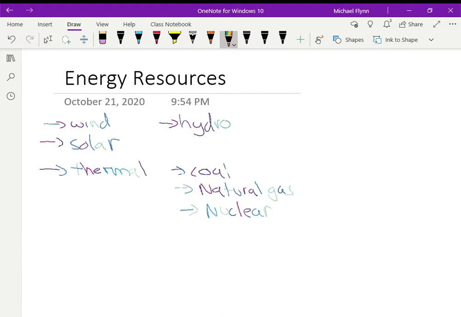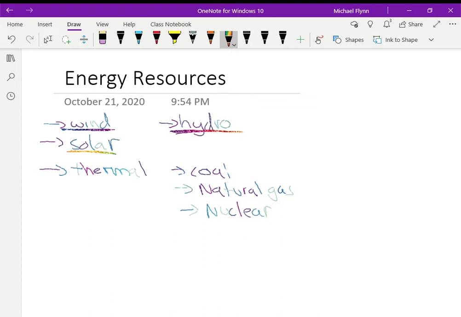Okay, so look. There's wind, there's hydro, and there's solar. These 3 resources together are all renewable resources. Wind is when you use the blowing wind itself to spin a turbine. We talked about that when we talked about generators when you were in class with me yesterday.